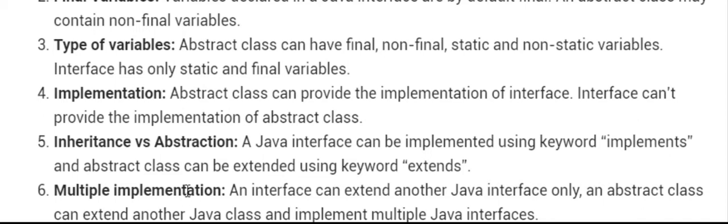Multiple implementation: an interface can extend another Java interface only. An abstract class can extend another Java class and implement multiple Java interfaces. So that's the limitation of our inheritance.